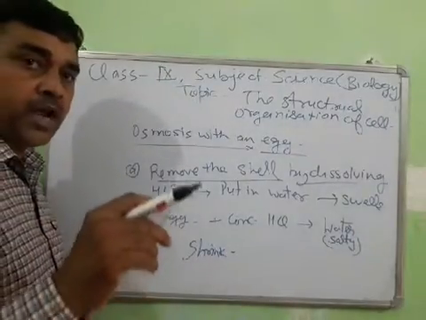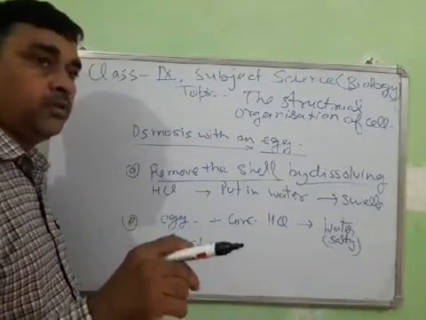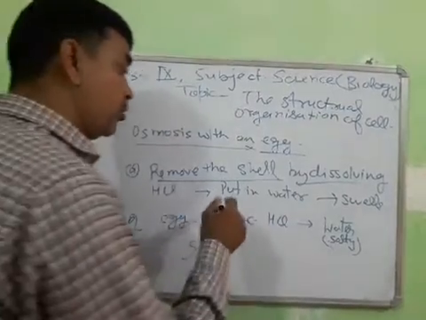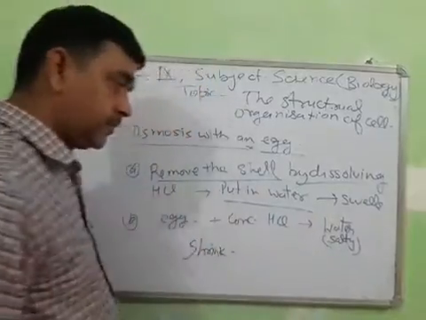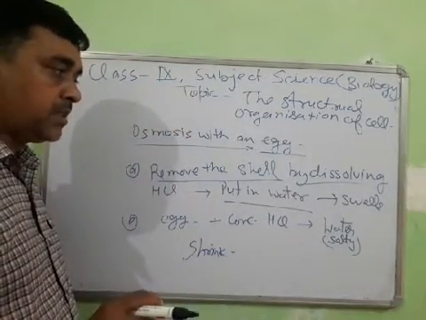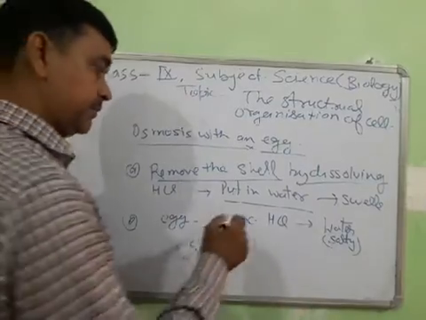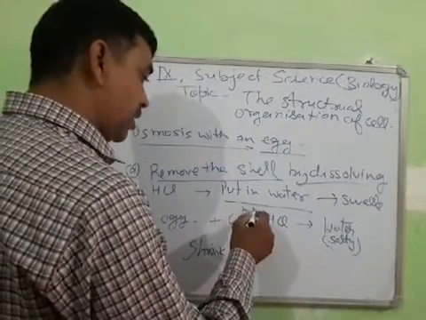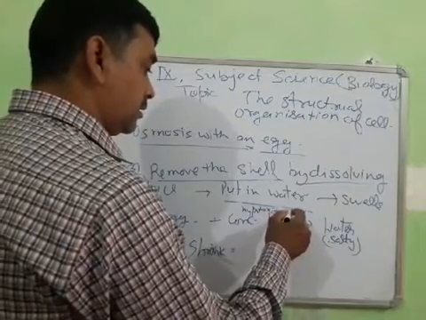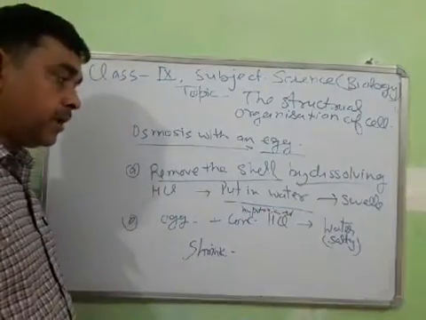When you dissolve it in hydrochloric acid, the outer covering will be removed. Now when you put it in only water, okay, that means the hypotonic solution, what will happen?